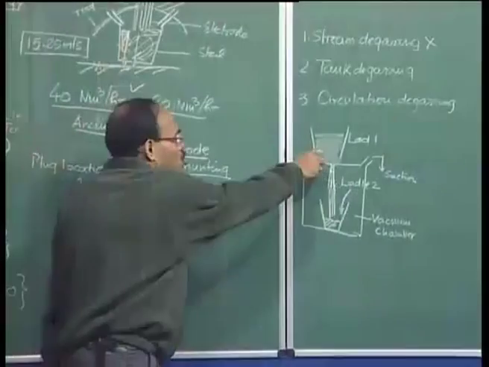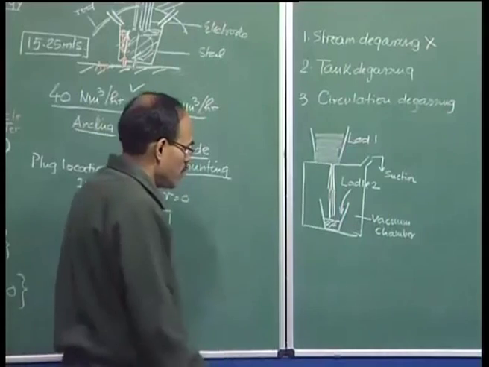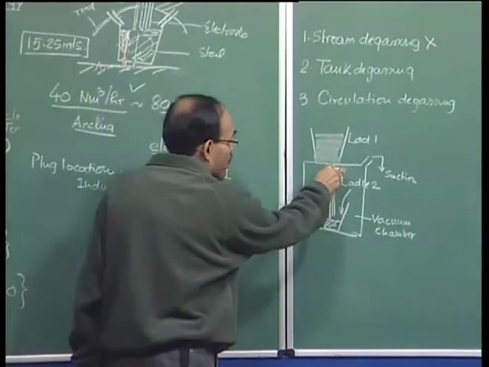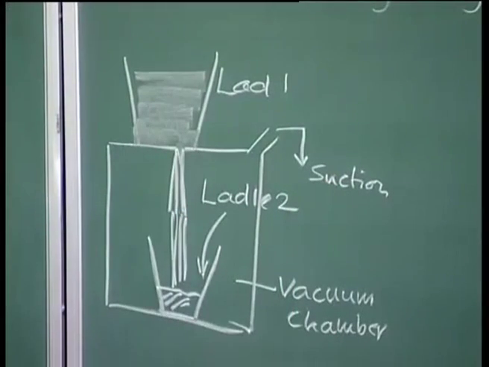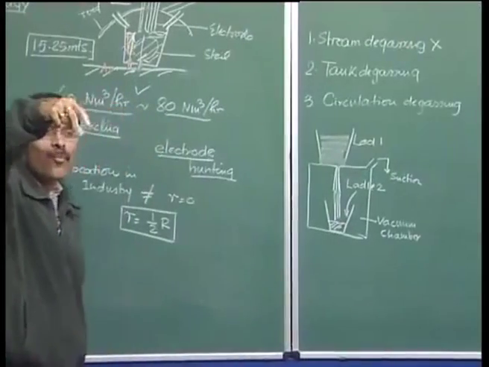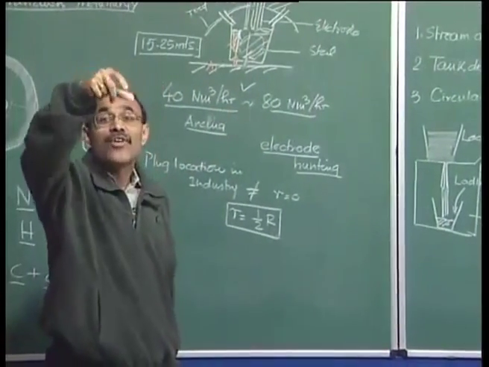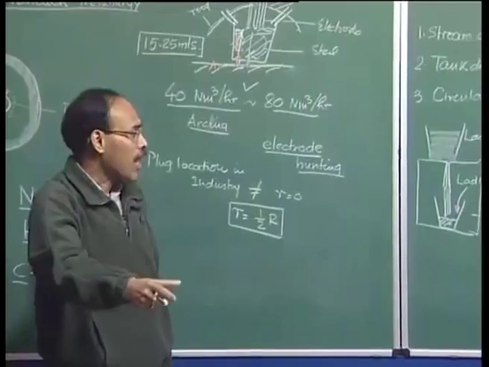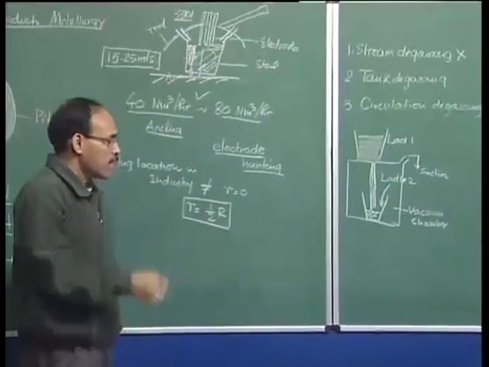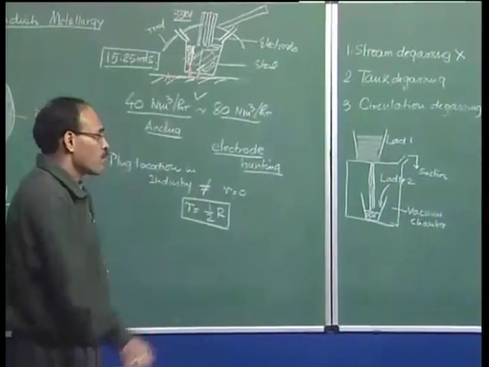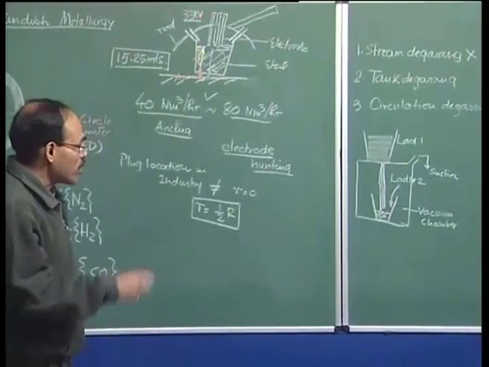When the metal falls from here to this place, the stream is not coherent. You have seen that if you open a tap, the water stream from the tap is highly non-coherent. It does not fall like a cylindrical one; there are droplets.